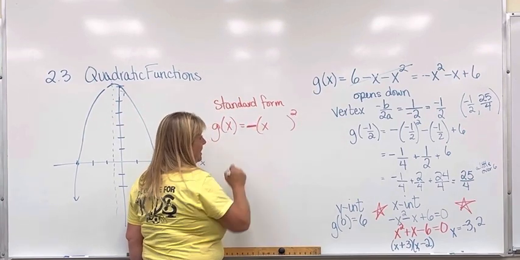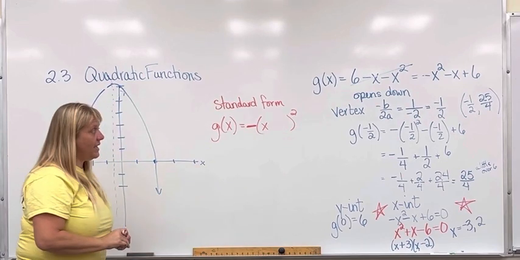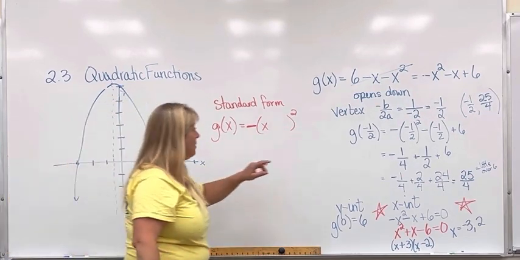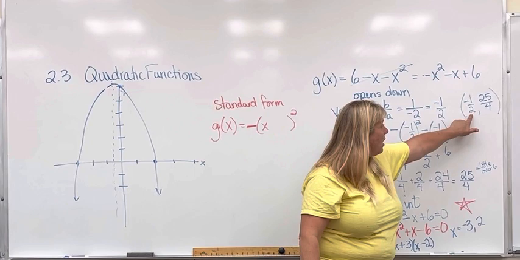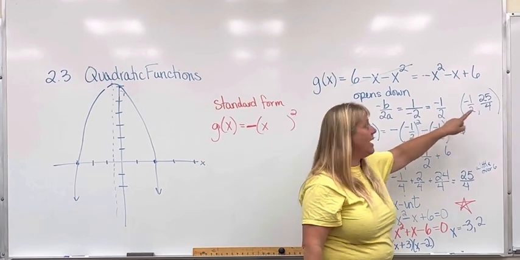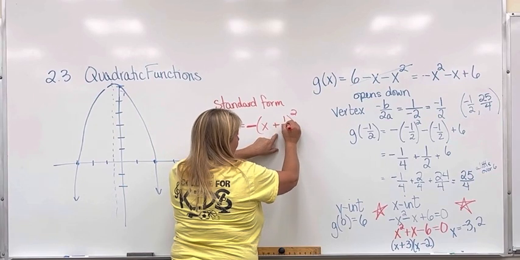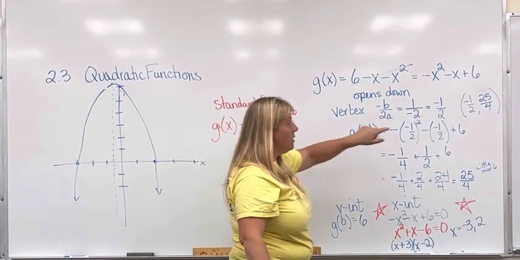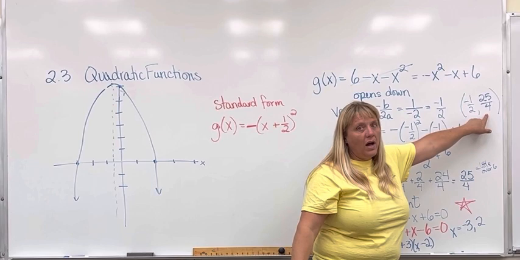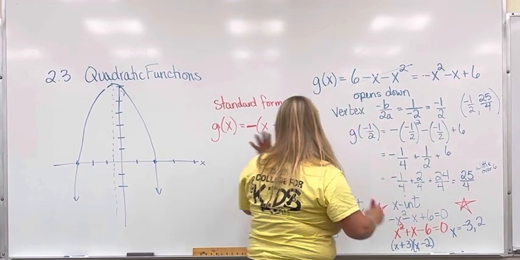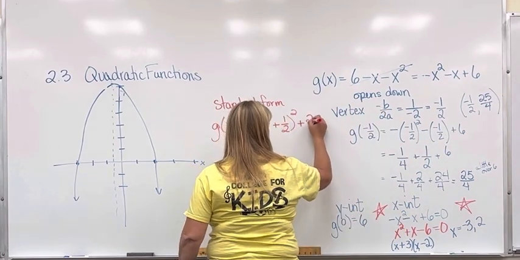So we definitely need this negative. Okay, that negative is important. Now, for our x value, our vertex was -1/2, which means this is going to be +1/2. And our y coordinate was 25/4, which just stays the same, so +25/4.